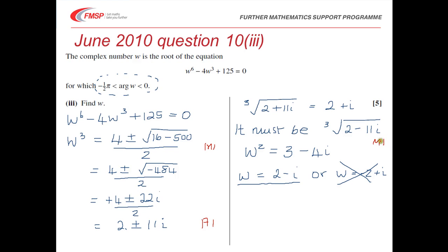And a method mark for seeing here that that meant that you needed 3 minus 4i, the conjugate, and here an accuracy mark for getting the correct square root within the correct range. So 11 marks for the question in total. So it is, that last little bit is quite tricky.